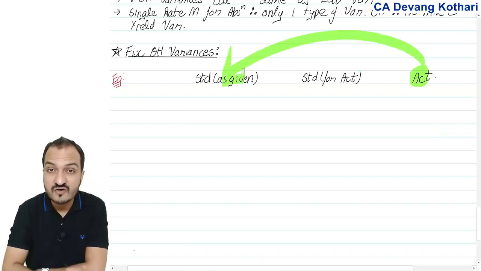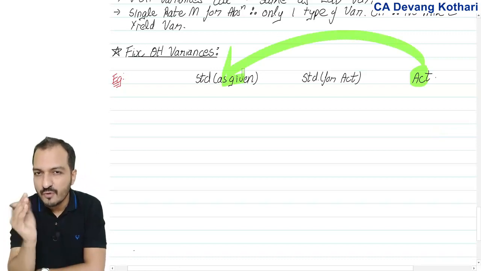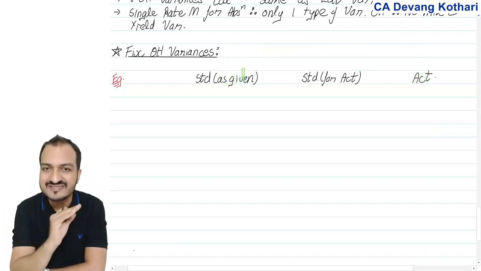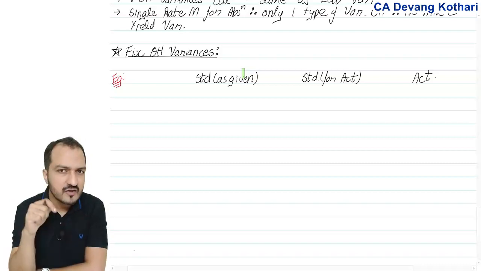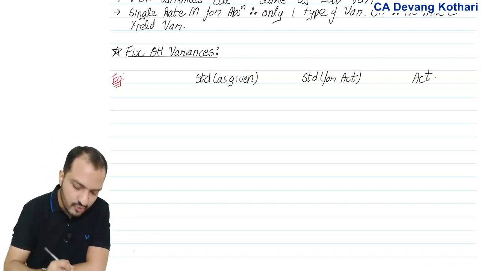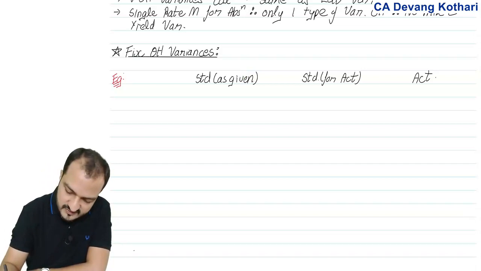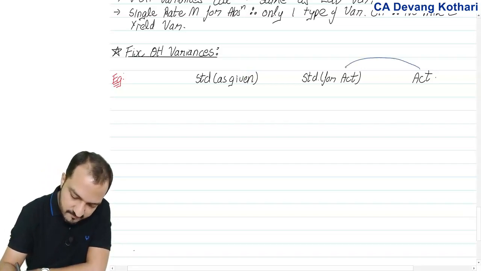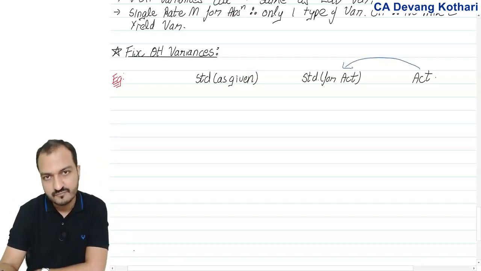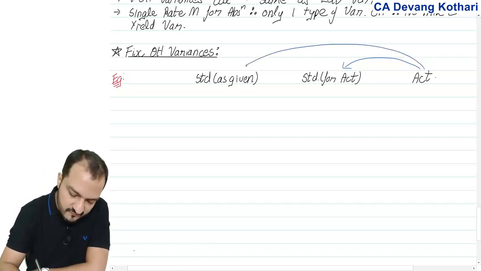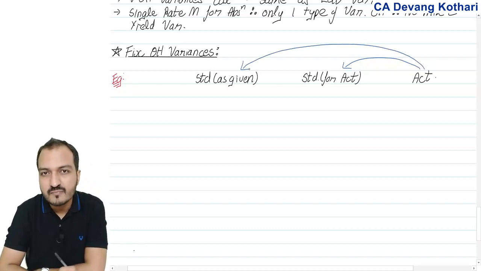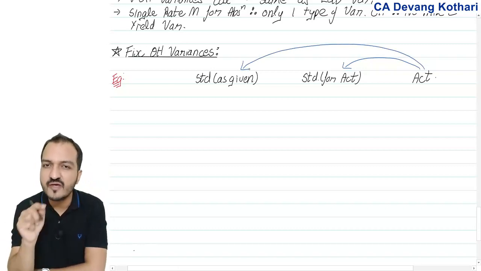No. In case of material, labor, and variable overhead variances, my actual was never compared with the original given standard. However, under fixed overhead variances, we are gonna do both. Under fixed overhead variances, my actual will be compared with standard for actual. Yes, as usual. My actual will also be compared with the standard given. Both kind of comparisons we are gonna make.